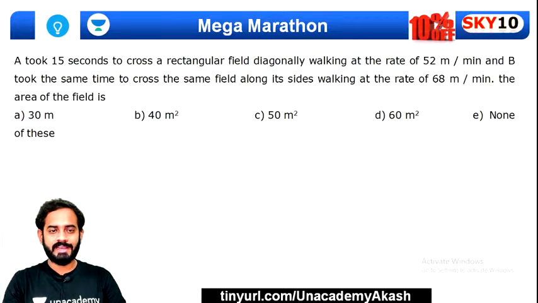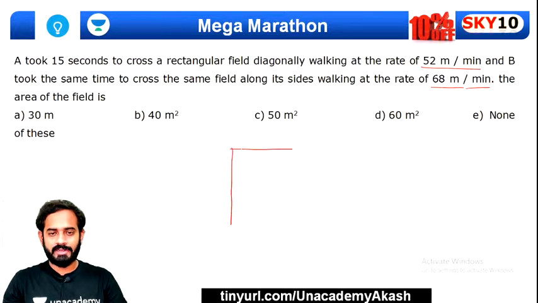A took 15 seconds to cross the rectangular field diagonally walking at the rate of 52 meter per minute, and B took the same time to cross the same field along its sides walking at a rate of 68 meter per minute. The area of the field is, let's try to understand this.